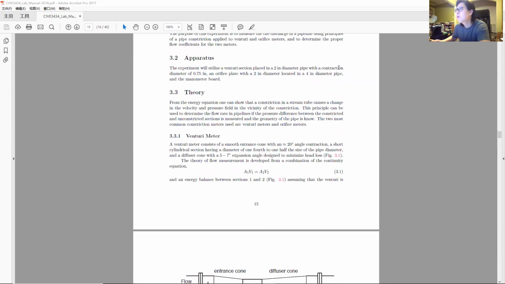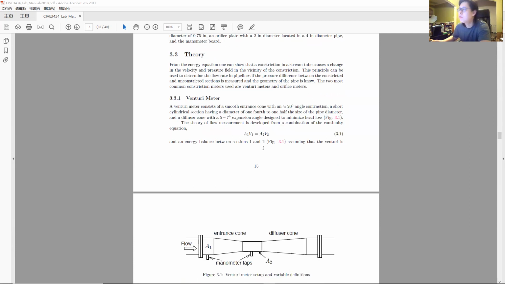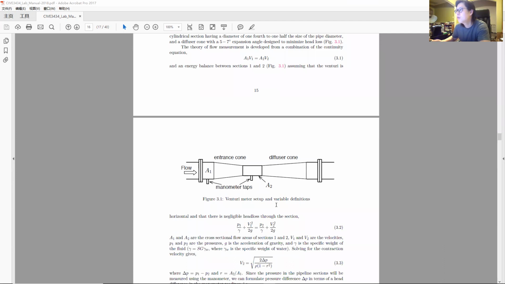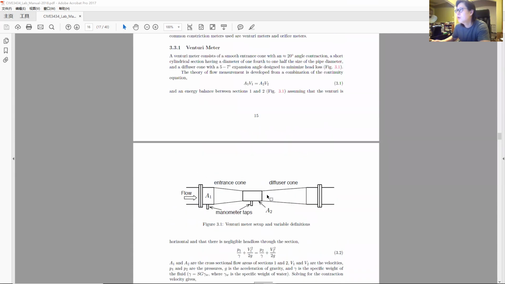The constriction diameter is 0.75 inches. So with these two equations, using equation 3.1, we are able to substitute V1 with V2.